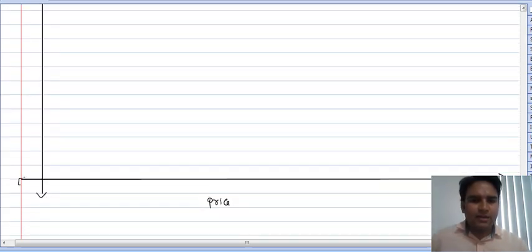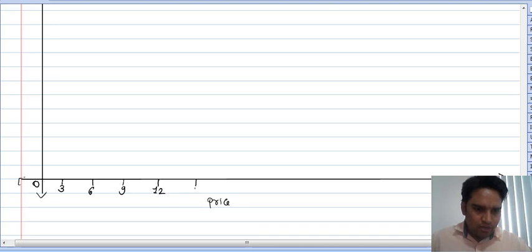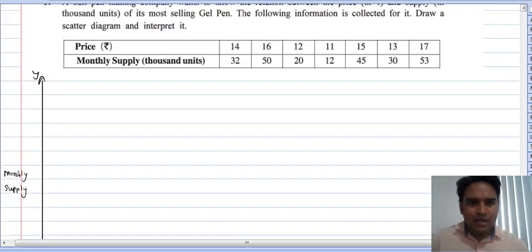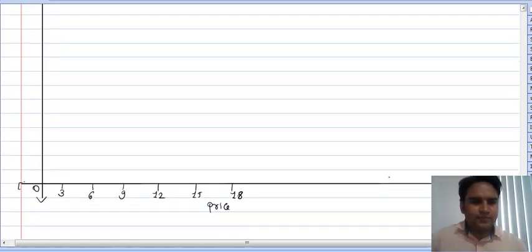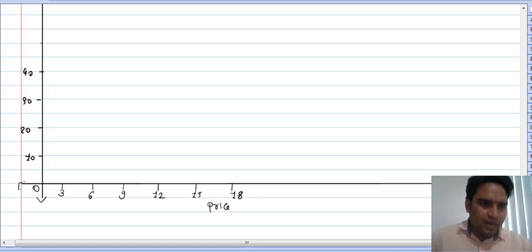So I think we will take a scale of again 3: 6, 9, 12, 15 and 18, right? And on the y-axis 53 is the maximum value and the minimum value is 12, so I think 10 is a good perfect scale: 10, 20, 30, 40 and 50, right?